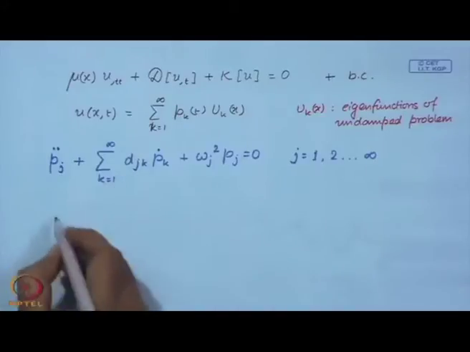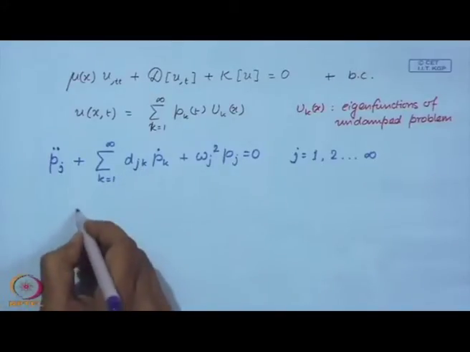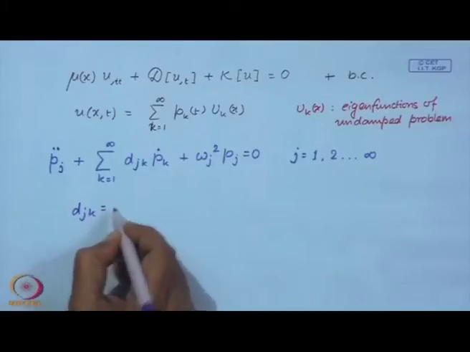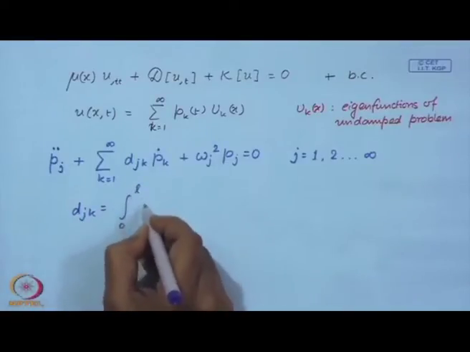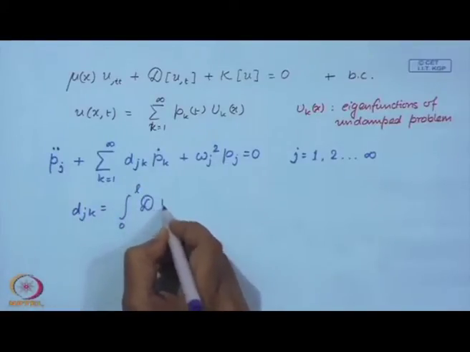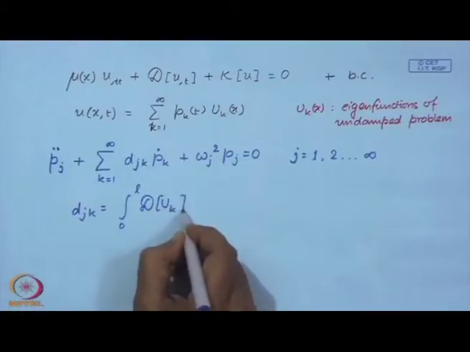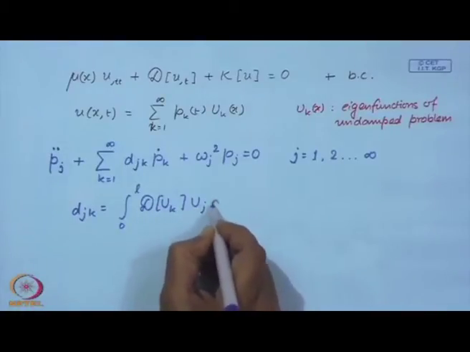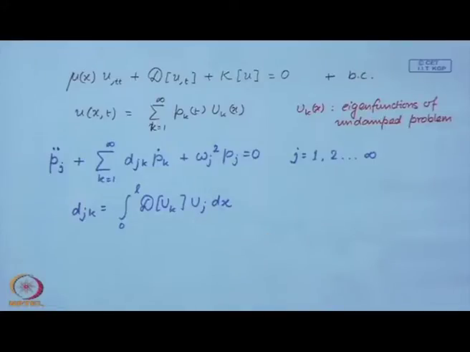Here this d j k, this matrix, is given by this integral. Now, in general there is no guarantee that d j k is diagonal.